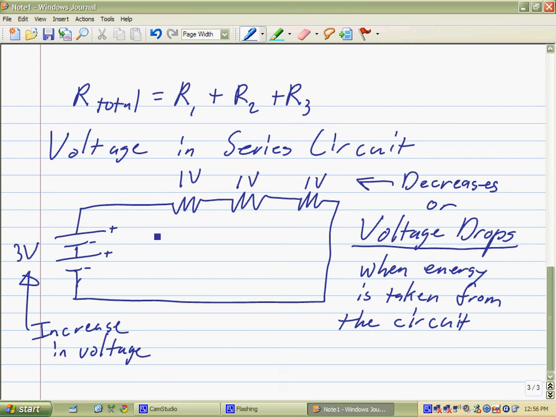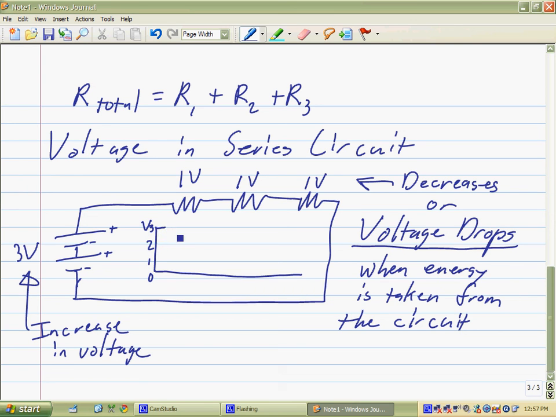Basically, if we were to graph what's going on, I'm going to do voltage right here, and this is 3. We'll put 3 at the top: 3, 2, 1, 0. So when we come across, and before we hit this first bulb, our voltage is at 3.